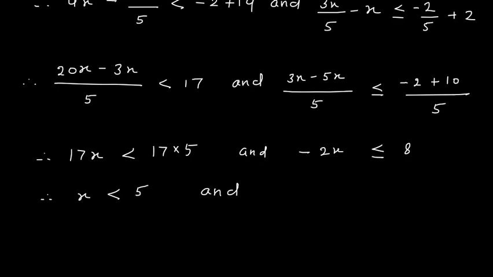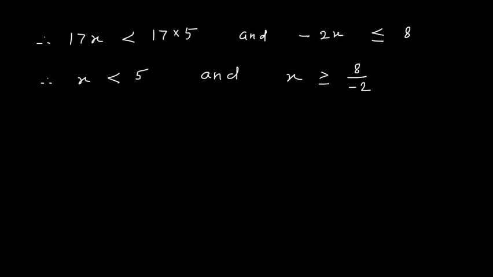and here I will say that x is greater than or equal to 8 upon minus 2. So whenever we divide by a negative number, we have to change the inequality sign. So therefore we have x less than 5 and x greater than or equal to minus 4.